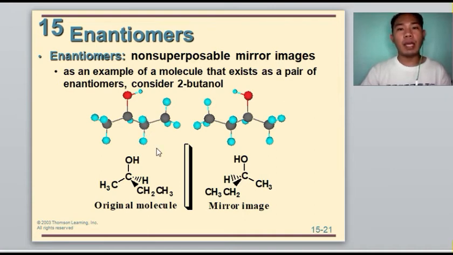In this drawing, the OH group and the CH3 group are in the plane of the paper. The H is behind the plane, shown as a broken wedge, this one. And the CH2CH3 is in front of it, shown as a solid wedge. So in the middle is a mirror.